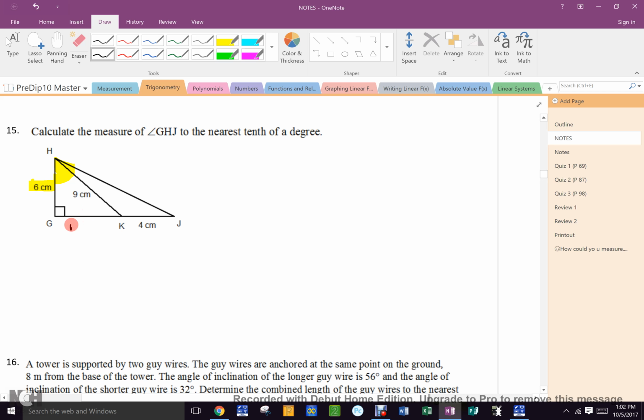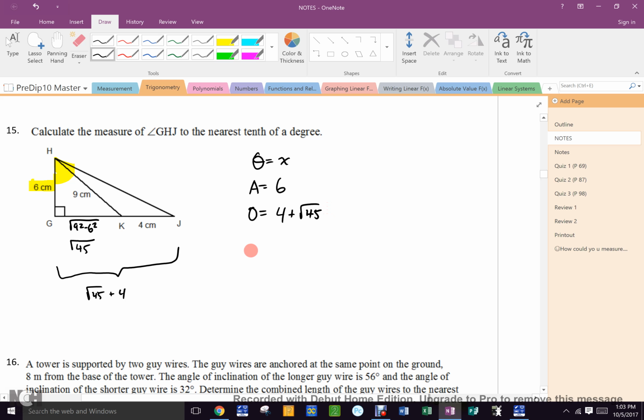This is the square root of 9 squared minus 6 squared, which is the square root of 81 minus 36, which is 45. So that's the square root of 45. Now, what's the whole bottom? Square root of 45 plus 4. Now, for your theta, your adjacent is 6, and your opposite is 4 plus root 45, isn't it?